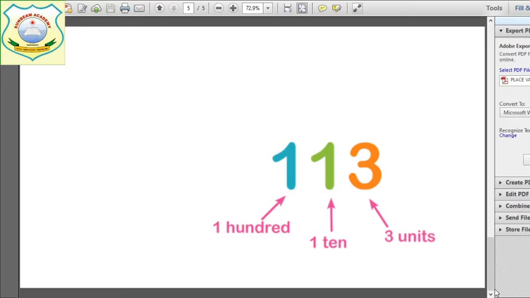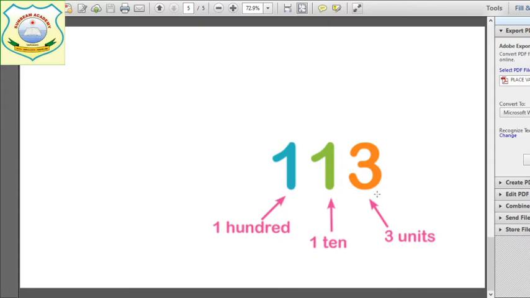Then come to our next slide. Suppose the number given to you is 130. 3 is in units place, or you can say ones place.